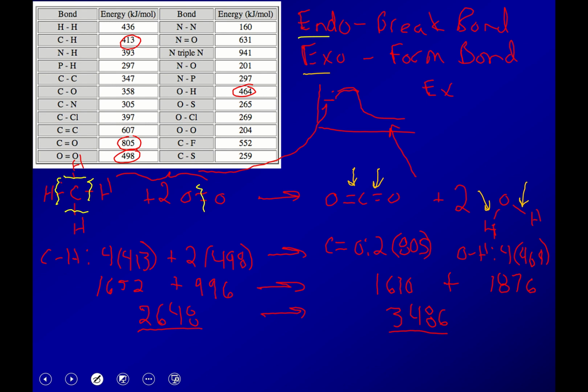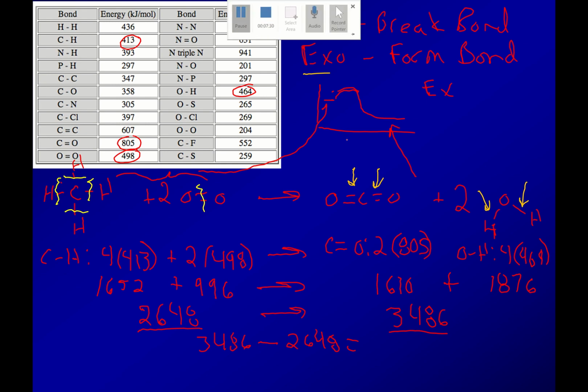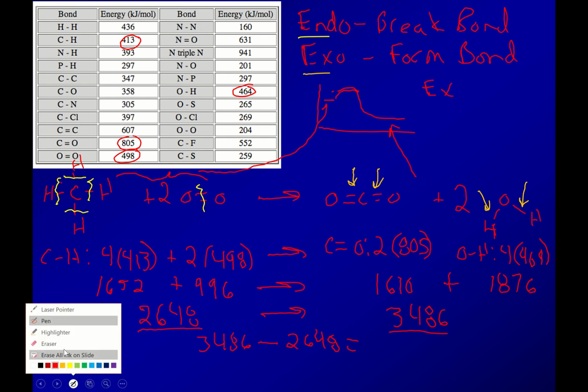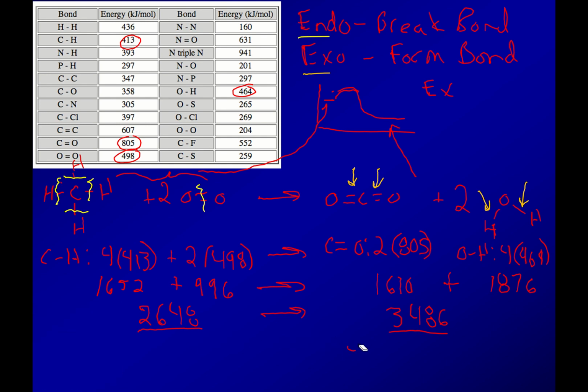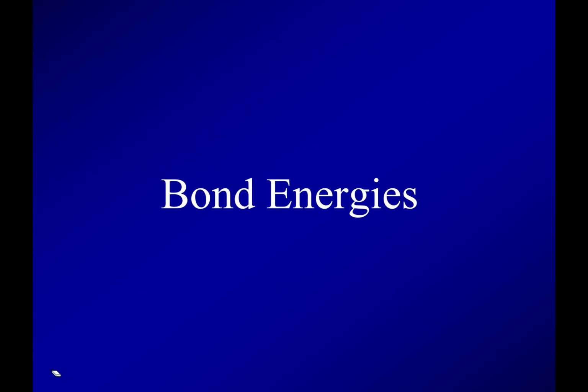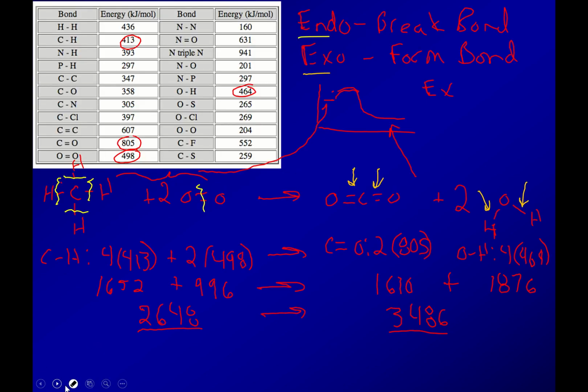Products minus reactants. Okay, let's do it this way. Because these are exothermic reactions, those are negative.